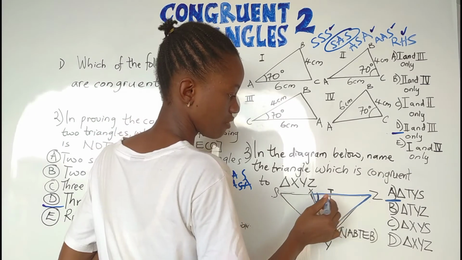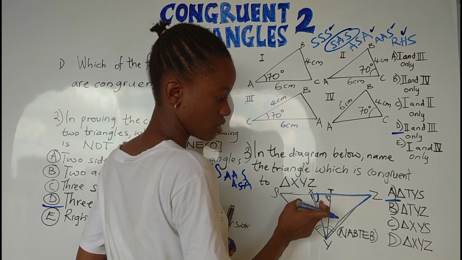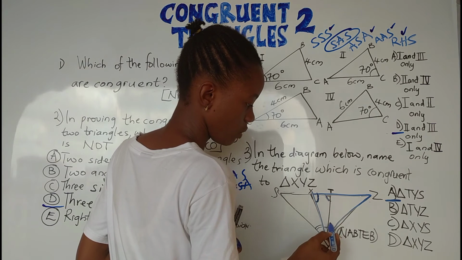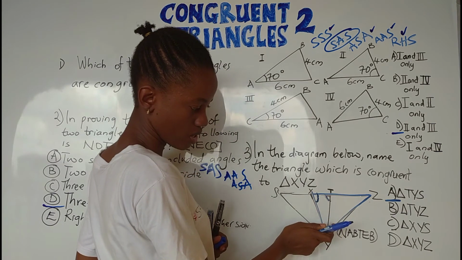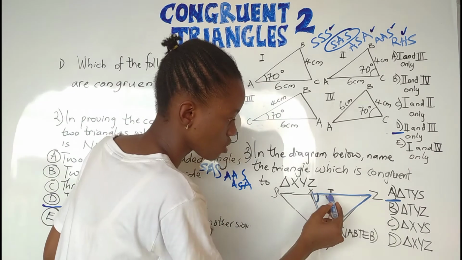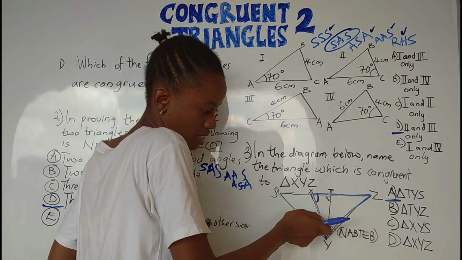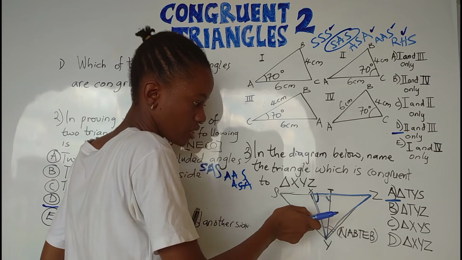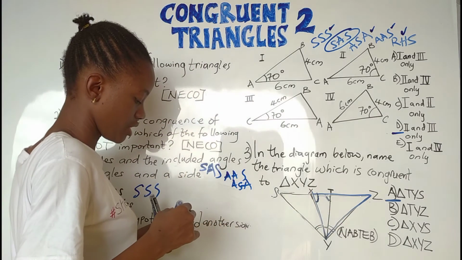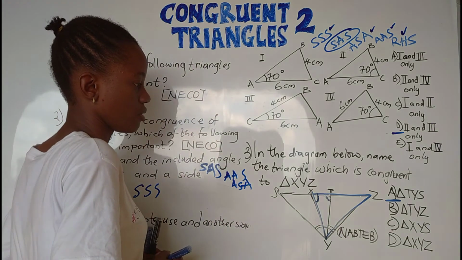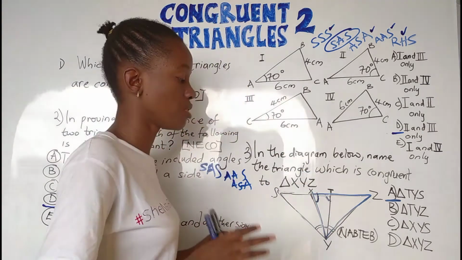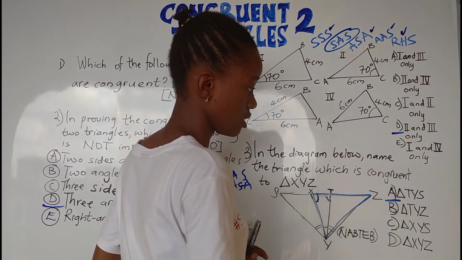It's the same angle given by the fact that it is one line they used to draw both. And here we are seeing this angle and this angle. And in this triangle that we have taken as the congruent triangle, we still have that angle and that same angle that was here. So they are congruent, okay? And we can see that congruent triangles must have the same size and the same shape, and that's the answer.